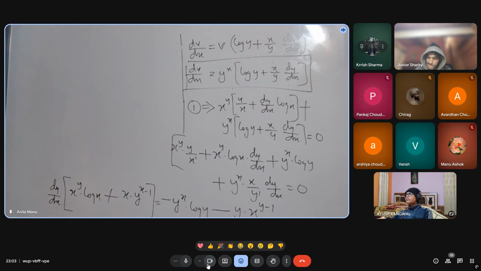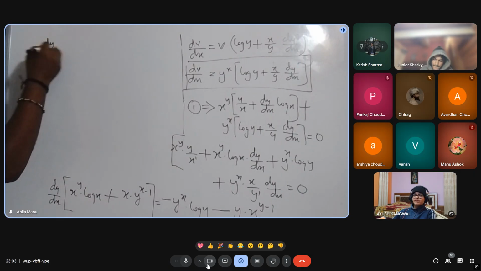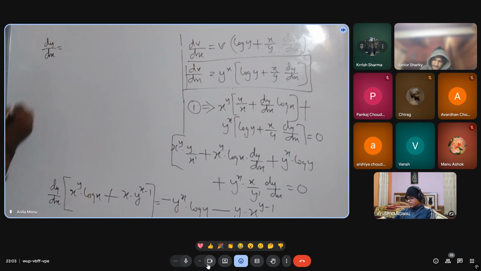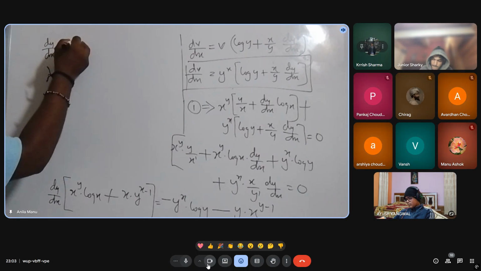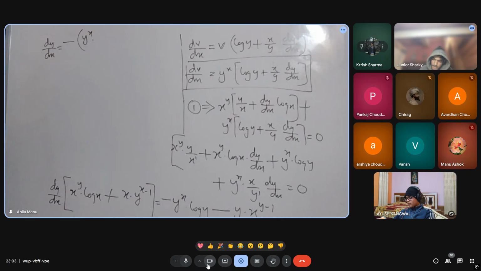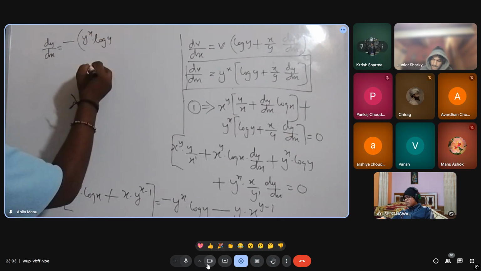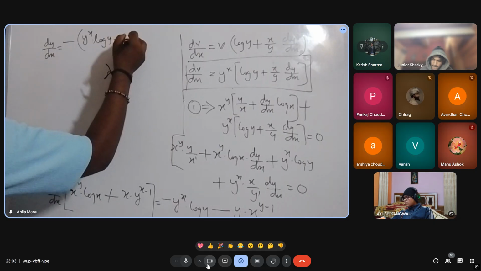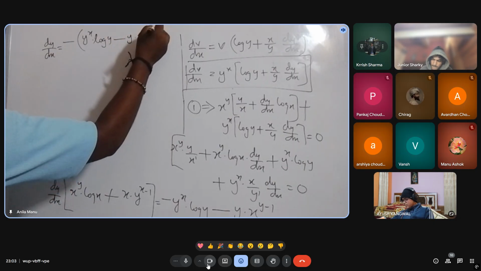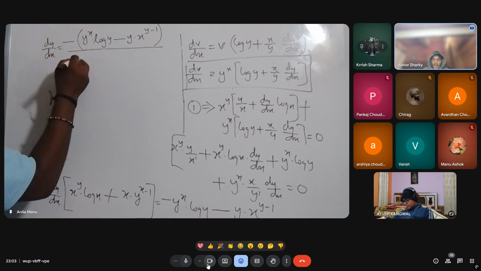Okay, so the final answer, you can take the minus outside, so dy by dx is equal to minus of y raised to x log y minus y into x raised to y minus 1, all divided by this one, x raised to y plus.